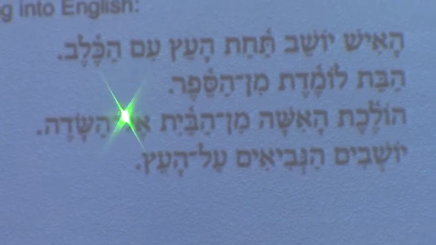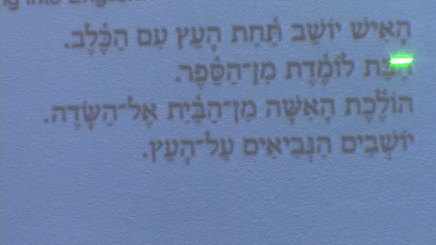Ha'etz, a word that we already know. Im, I think everybody knows that one. Hakalev. So, ha'ish yoshev tachat ha'etz im hakalev. And so you try to get faster with it.